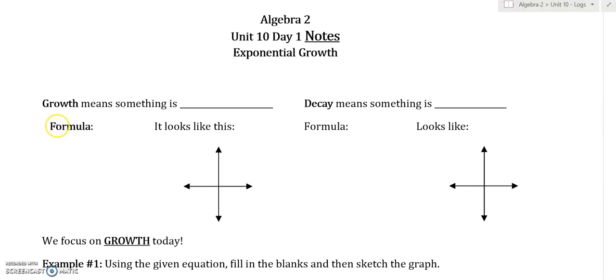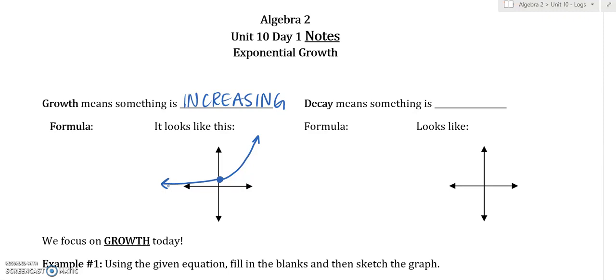When we're talking about exponential growth, this means something is increasing. It's growing, it's getting bigger, it's rising, something like that. So it could look something like that.